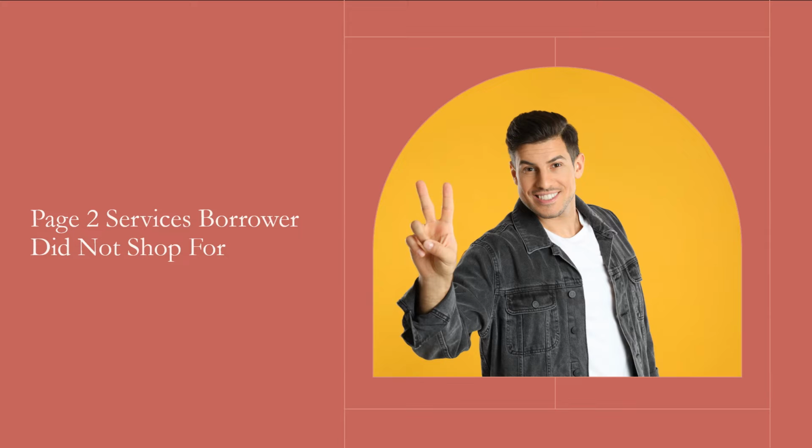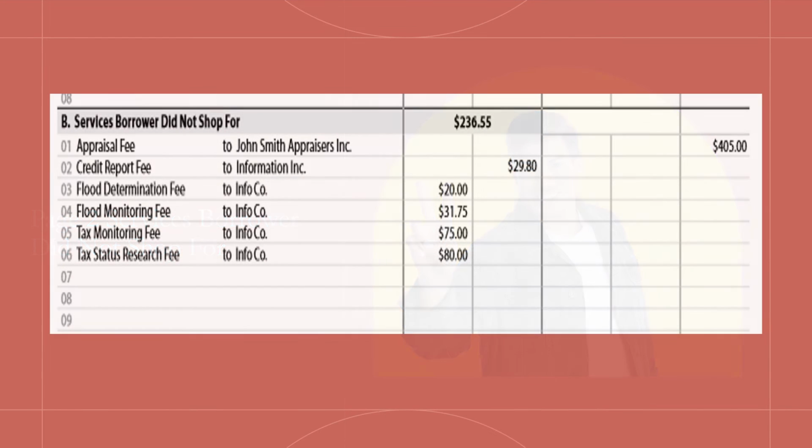Page 2 shows the services that the borrower was not able to shop for. And the reason that you're seeing the fees that the buyer paid split between two columns there, as you can see, the $29.80 for the credit report fee is over to the right, whereas the other fees are being shown on the left.